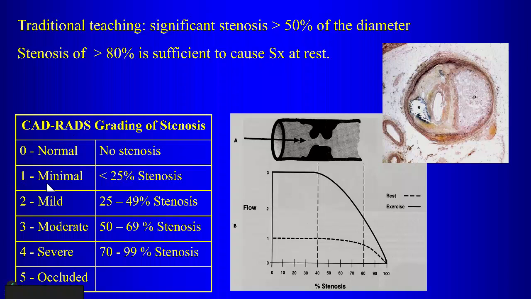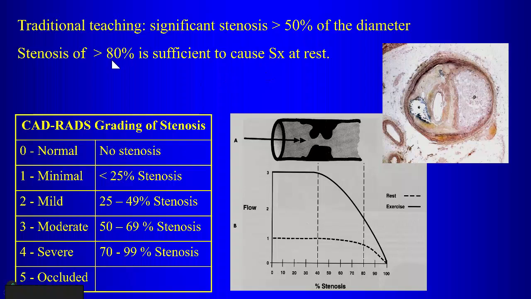So a CAD-RADS 1 is associated with less than 25% stenosis, mild stenosis, which is a 2, 25 to 49%, moderate 50 to 69%, and severe 70 to 99%. So when we're evaluating coronary CTAs and evaluating stenosis, we think of it in terms of these ranges, and we'll get back to the CAD-RADS scoring system and what to do with the different categories a little bit later on.